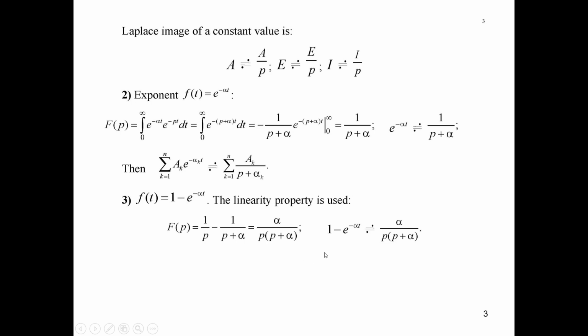Then we can rewrite it with a common denominator. It will be p multiplied by p plus alpha, and in the numerator we have p plus alpha minus p; this p and minus p will be eliminated, and we will have only alpha in the numerator. So the image of the function 1 minus e to the degree minus alpha t equals alpha over p times p plus alpha.